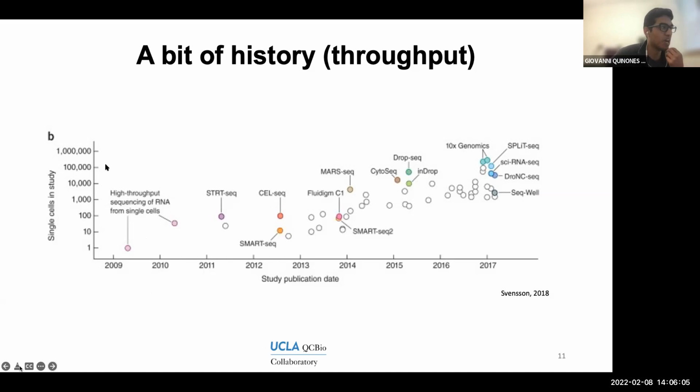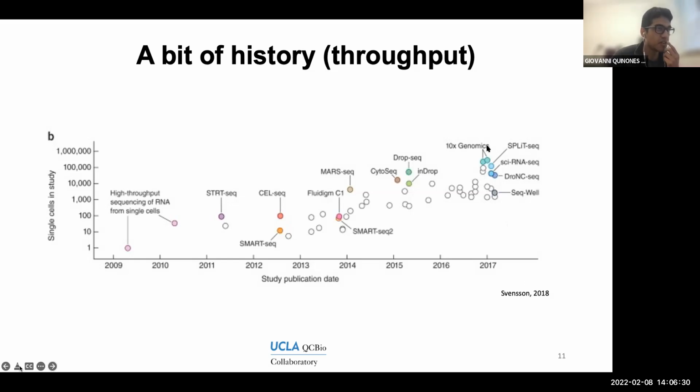You can see our Y coordinates are in log scale, to the point that in 2017, one of the latest technologies, for example 10x Genomics, was able to produce over 100,000 cells. And this graph is from a paper from 2018.